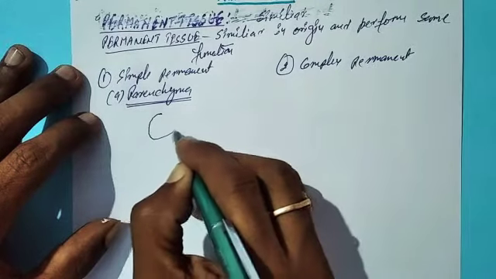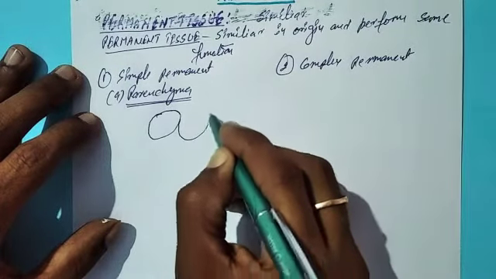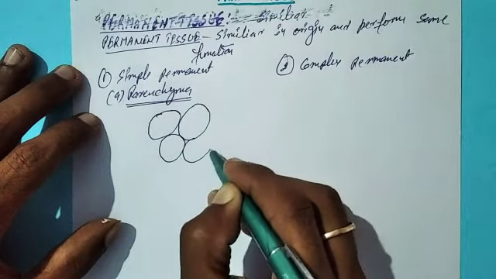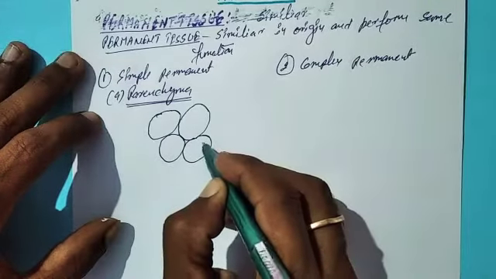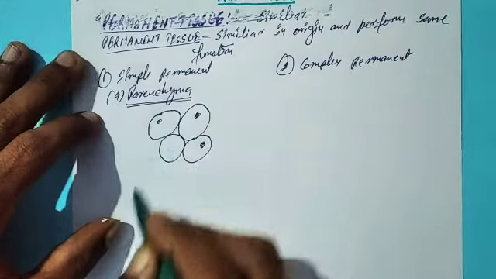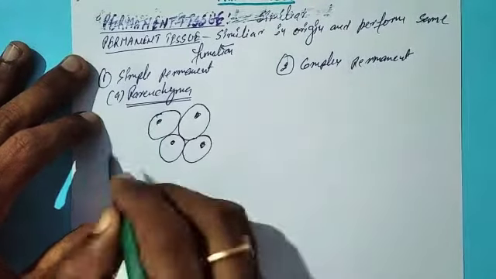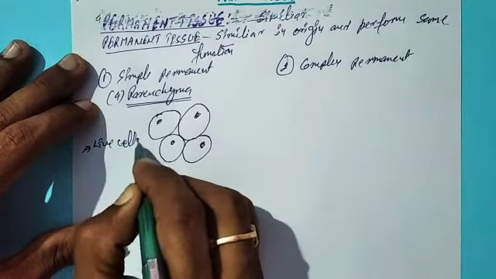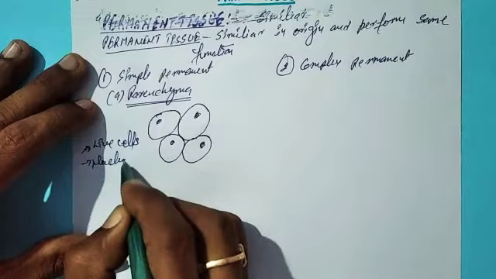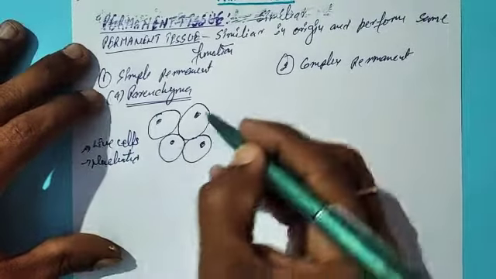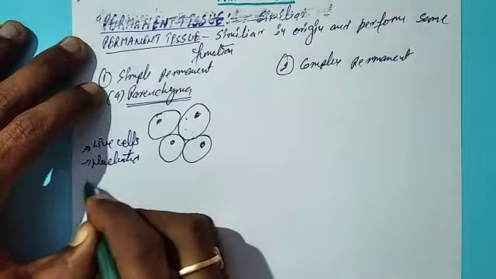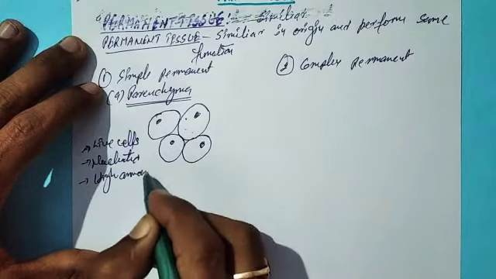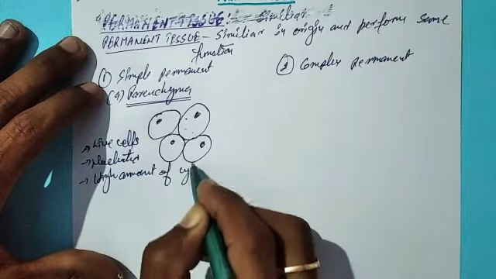The cells are sometimes round or oval shape, nucleated, live cells, with a high amount of cytoplasm.